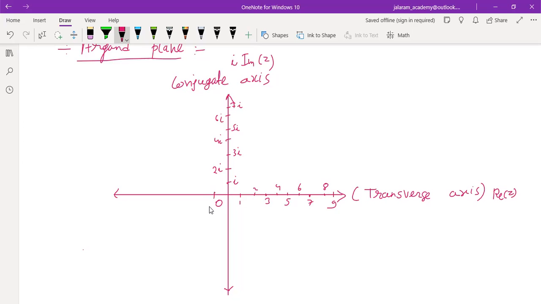This side -1, -2, -3, -4, -5, -6, -7, -8. Okay.